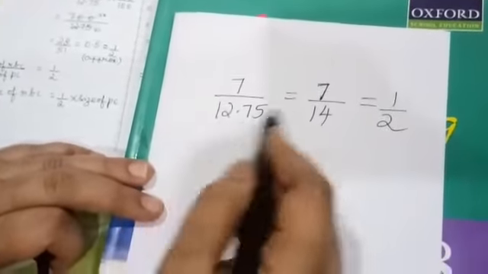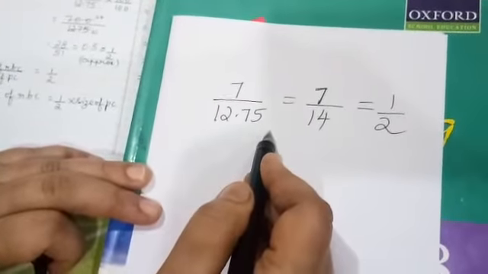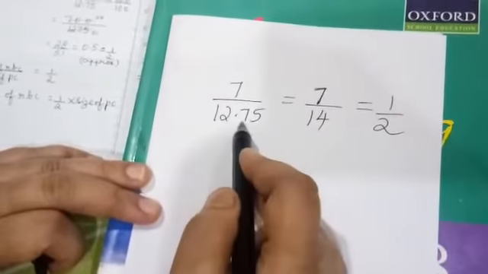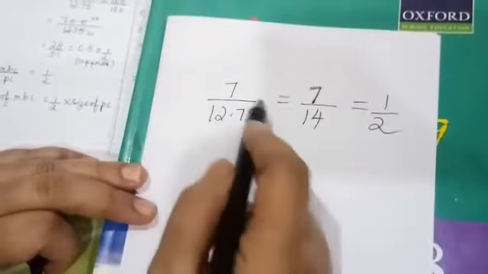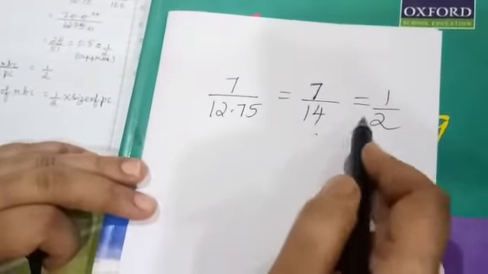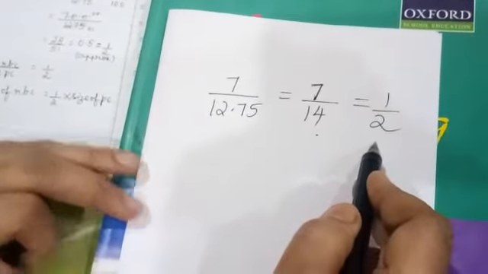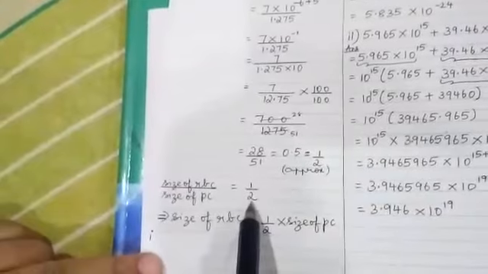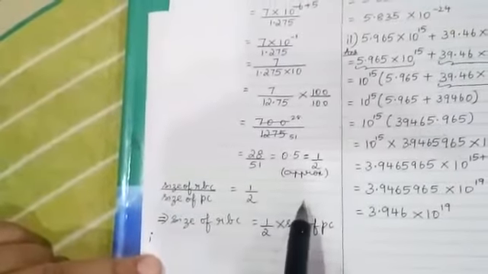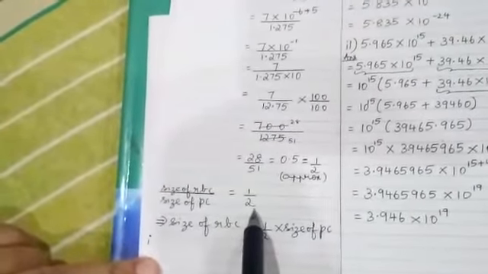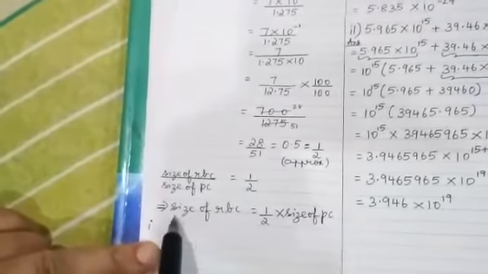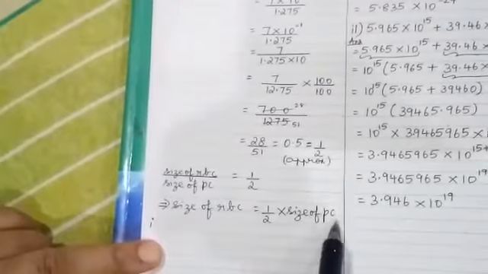So see here, 7 by 12.75, which is close to 7 by 14, which reduces to 1 by 2. So this is another way of getting 1 by 2. I had shown the actual calculations to get 1 by 2. You could even do this to get 1 by 2 and then proceed in the same fashion. So we proved that the size of the red blood cell is half the size of the plant cell.